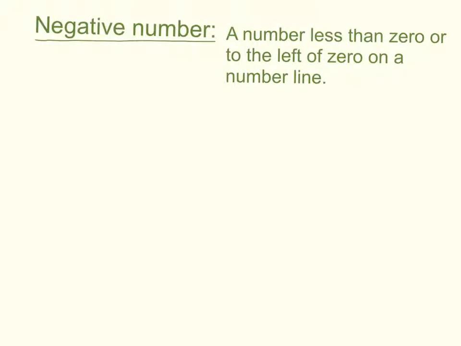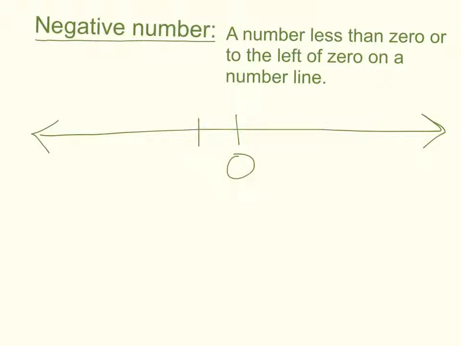So let's draw a number line to show negative numbers. First we're going to do a horizontal number line. Let's put in 0. 0 is always our benchmark. And now we're going to do numbers less than 0. We're going to start at 0, and then work our way to the left. We're only going to do whole numbers, no decimals or fractions.